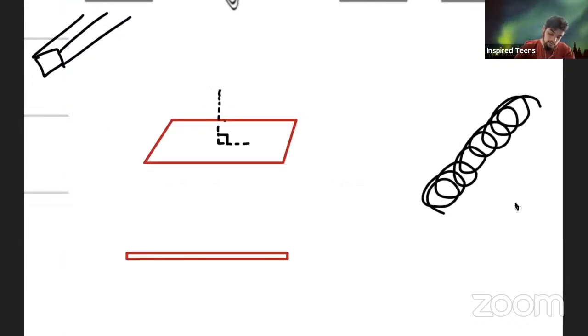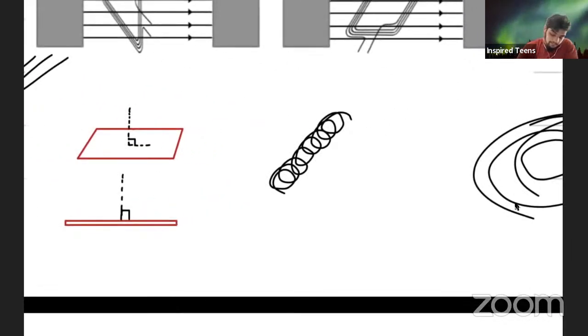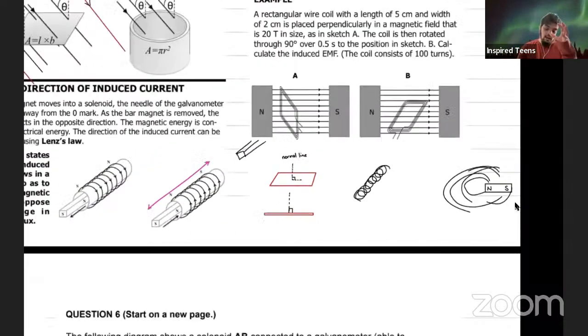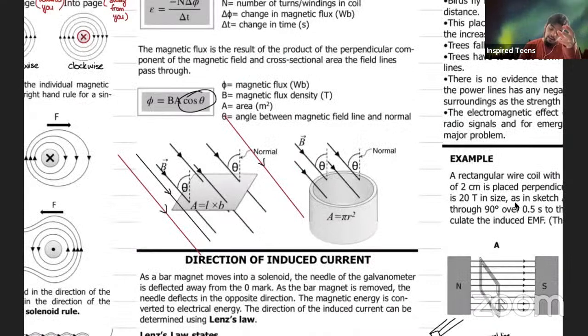So the normal line from the front view would look something like this. Just keep that in mind. It's perpendicular. So the theta that we consider in this formula is the angle between the normal line and the magnetic field lines.